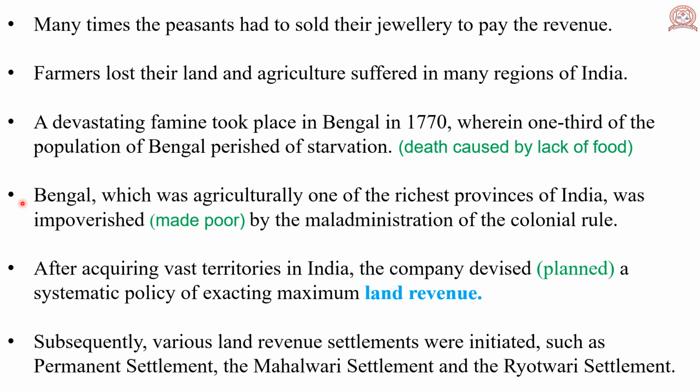Bengal, which was agriculturally one of the richest provinces of India, was impoverished by the maladministration of the colonial rule. Because of the maladministration of the British rule in India, the peasants of Bengal became poorer and poorer.